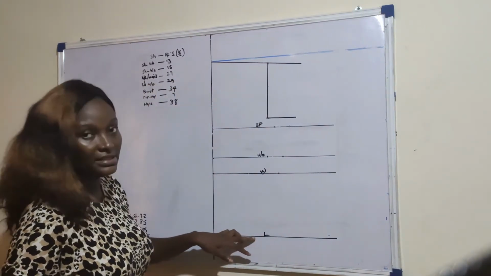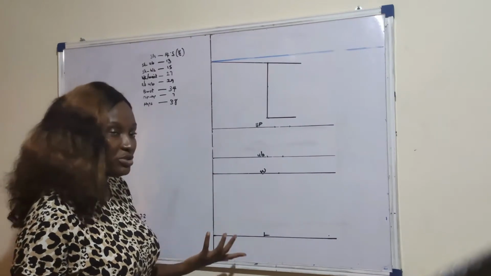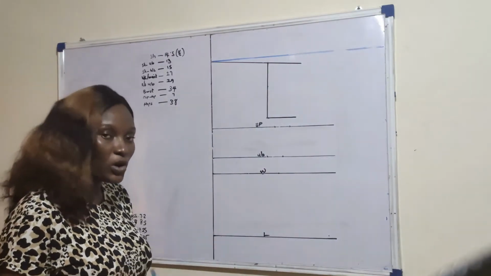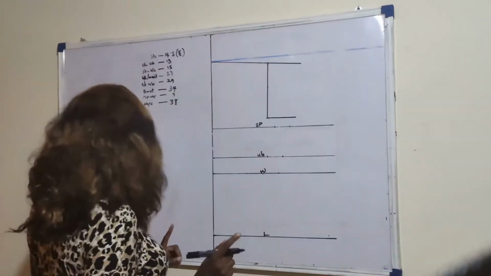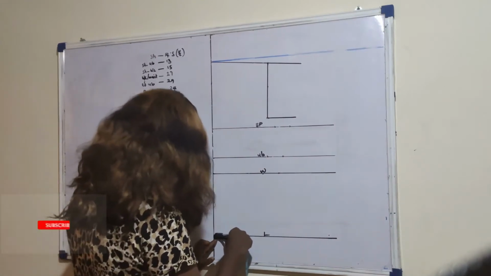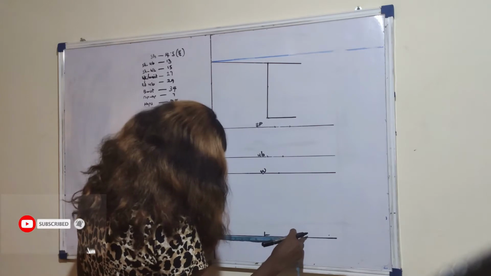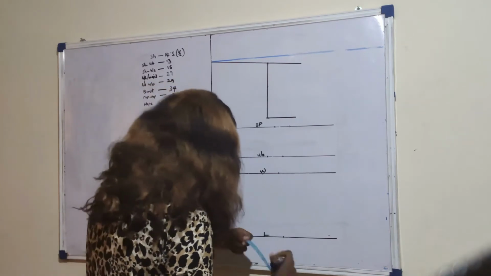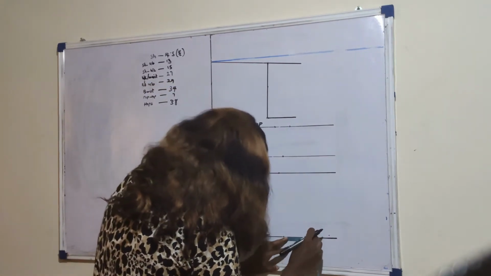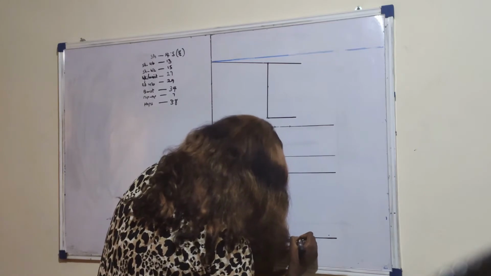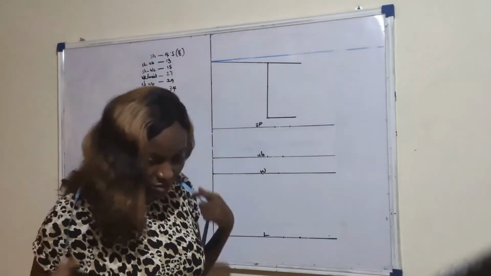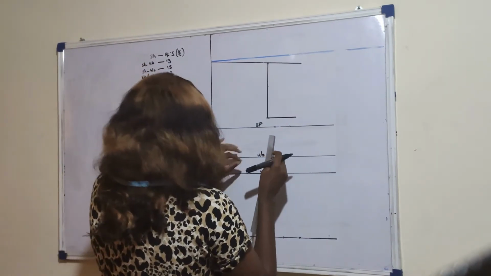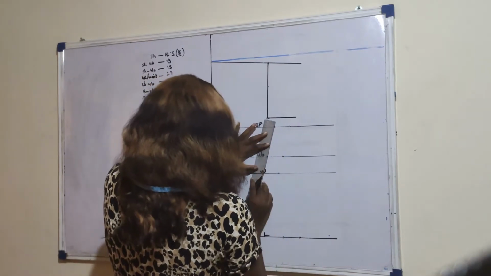Then the length of the bodice. Always use your hips measurement for this. Her hips measurement is 38 divided by 4. Don't forget to add your 2 inches allowance right here. And that's it. So you just have to join your measurements.